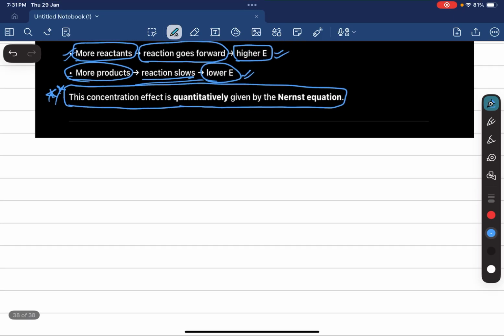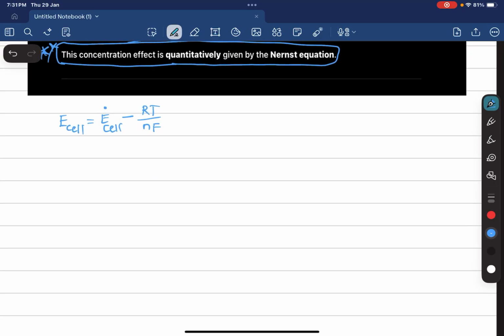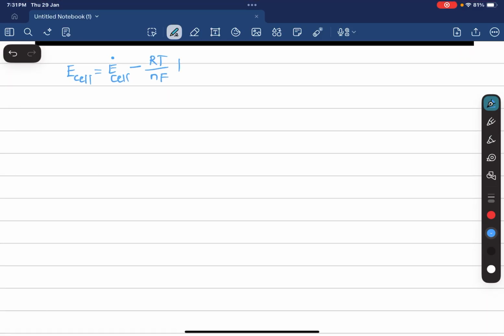Now we just write the Nernst equation directly. E cell equals E naught cell minus RT by nF ln Q, where ln equals 2.303 log base 10.